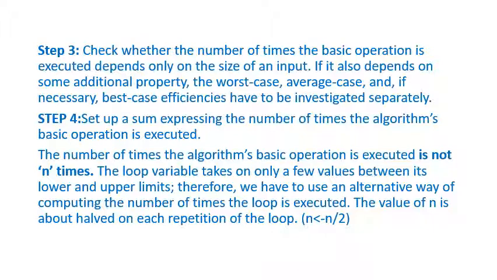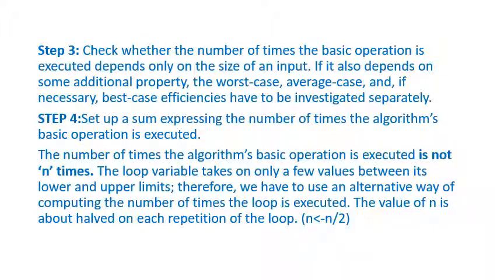Here the basic operation is not executed n number of times. This is because inside the while loop we have n = n / 2, where the value of n is halved on each repetition of the loop. So n takes on only a few values between the lower and upper limit. We should use an alternate way to compute the number of times the loop is executed.